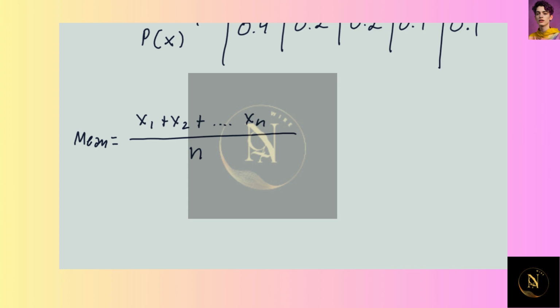That's how you're able to get your mean and your standard deviation. To solve your variance, there's two ways you can do it, but we're going to do certain things one at a time. So let's solve for our mean first, okay?